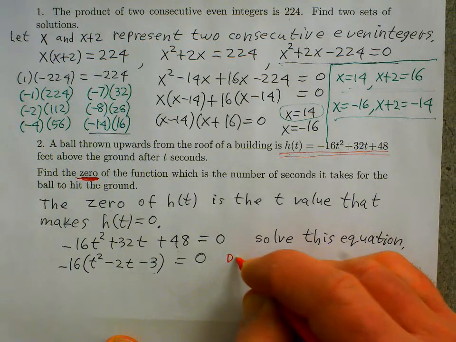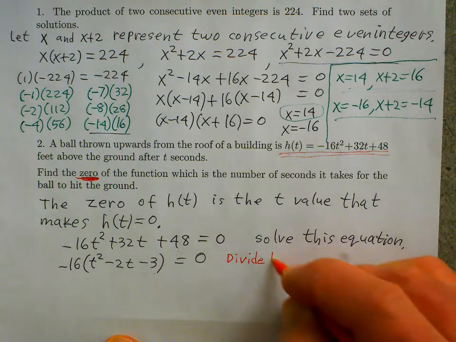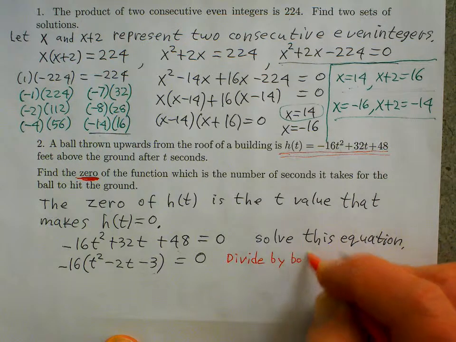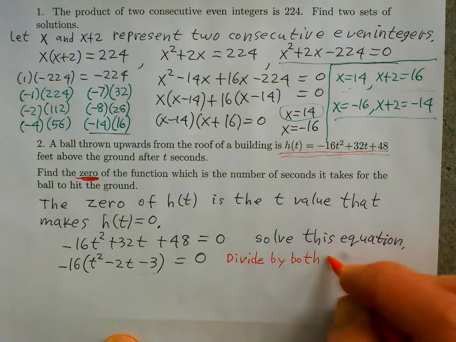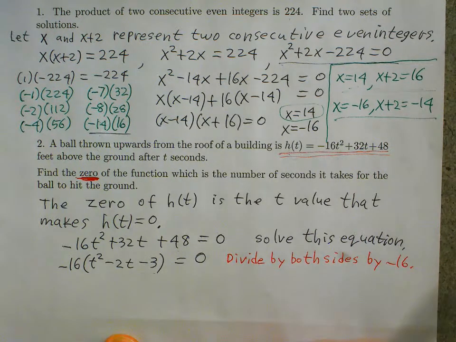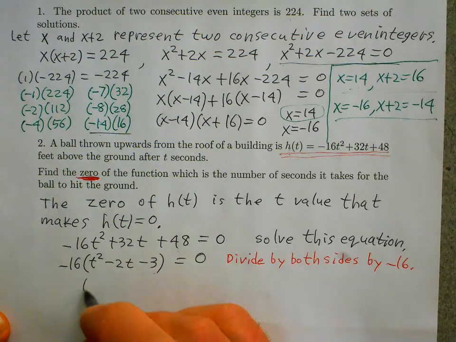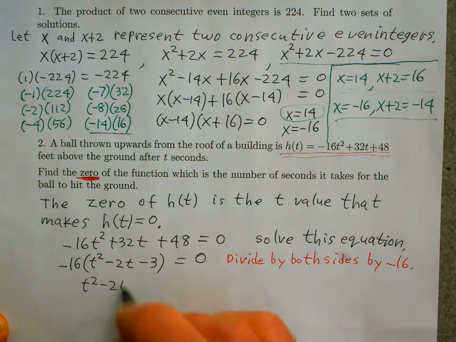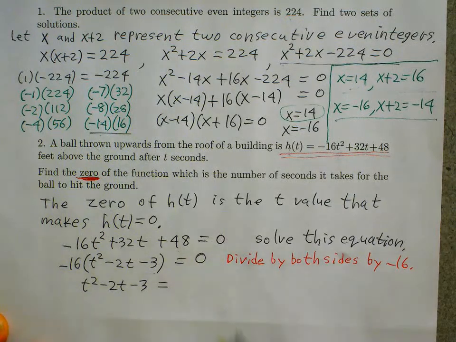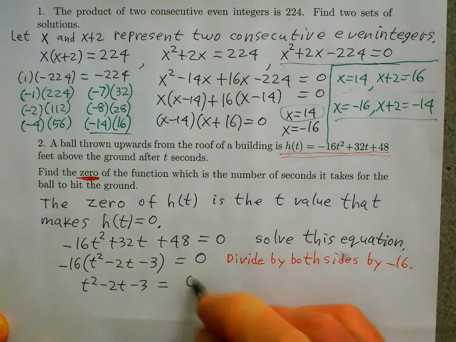So I'll just make a note that that's what we're going to do here. Divide both sides by negative 16. Okay, when we divide the left-hand side by negative 16, we're just going to be left with t to the second minus 2t minus 3. On the right-hand side, 0 divided by negative 16 is still 0.